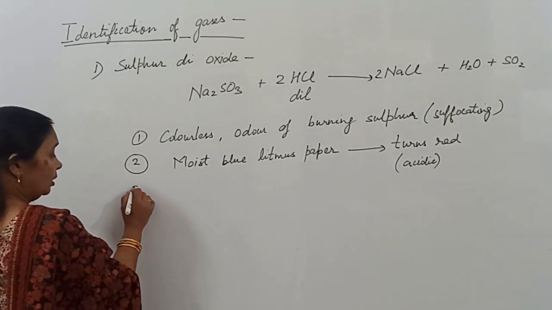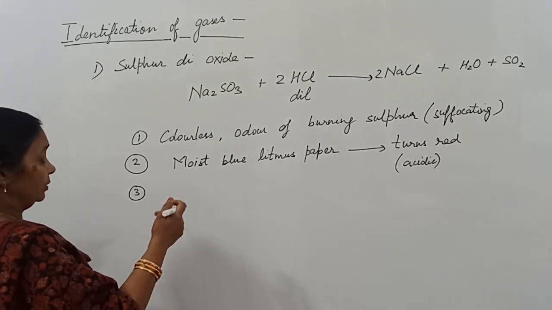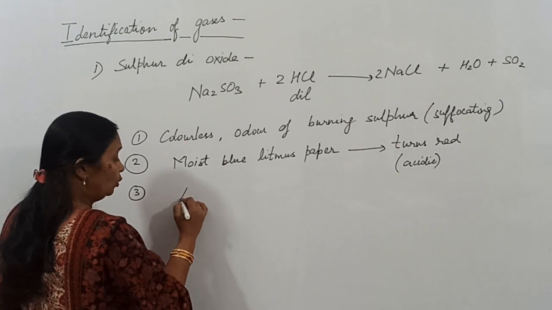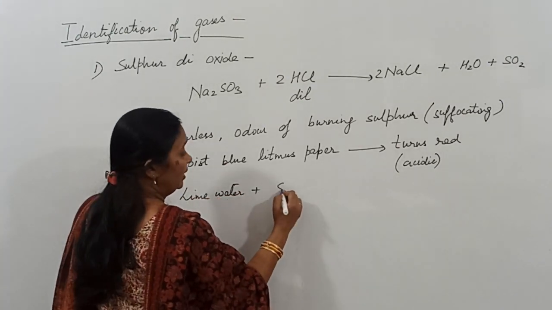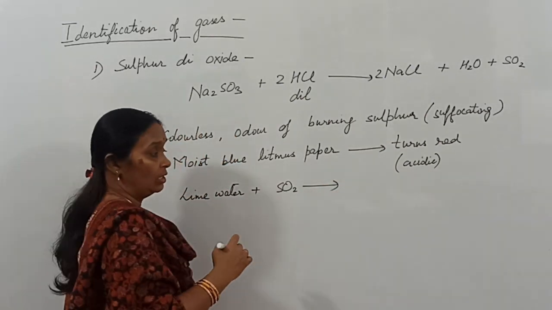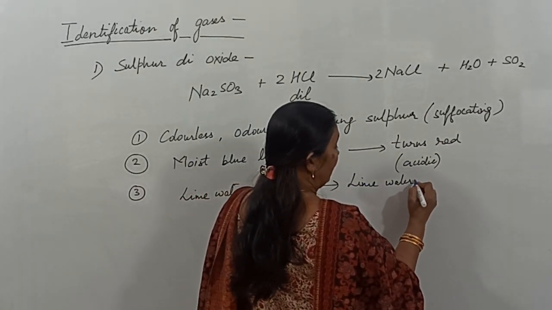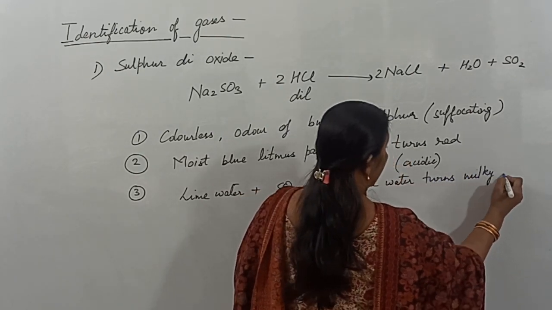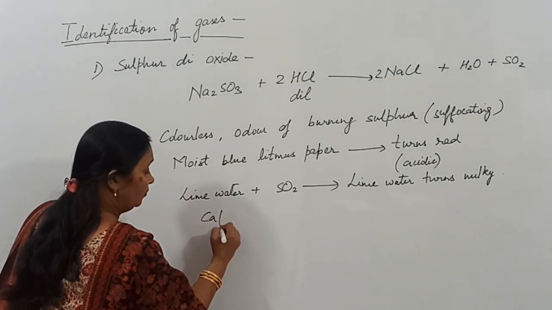Then next, one further test which I told you last time is with lime water. When lime water is taken in a test tube and sulfur dioxide is passed through it, the lime water turns milky. Let me show you what reaction will take place.